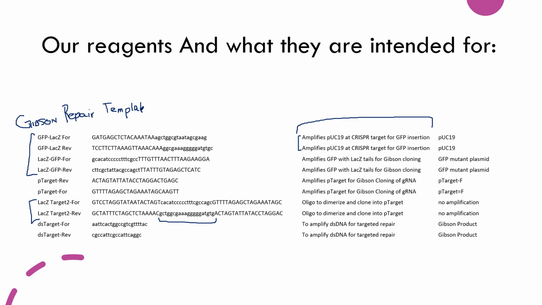I can't go backwards in this version of filming, but that LAC-Z target site needs to be put into the target plasmid adjacent to the RNA scaffold. You can backtrack on the other slides and see that. But we didn't have to PCR that. We could just order the oligo and then recombine that into the target plasmid. So these oligos were for making our guide RNA.